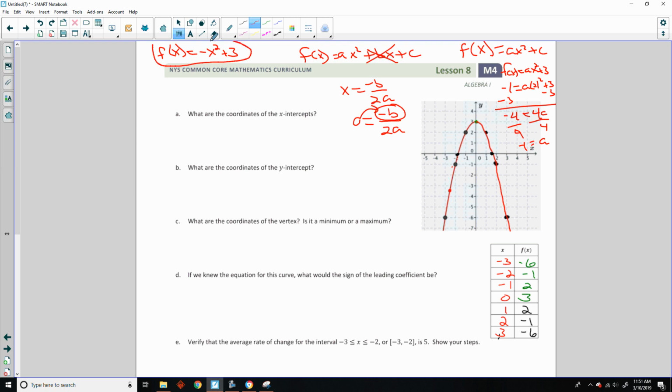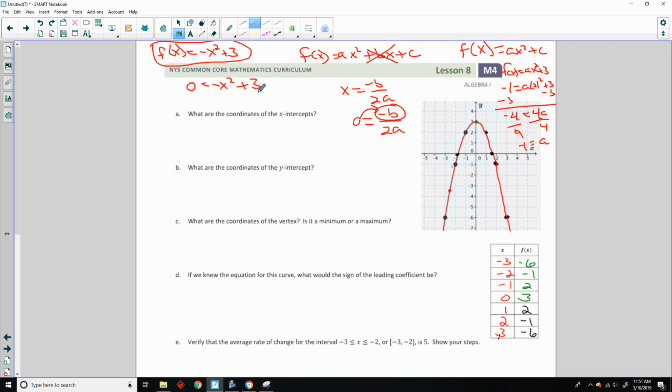So I was able to find the function's value by using the vertex and points. So now I know that the function is negative x squared plus 3, and now I want to know what the coordinates of the x-intercepts are. Well, that is when y is 0. So 0 equals negative x squared plus 3.